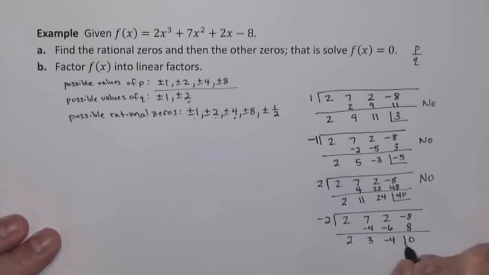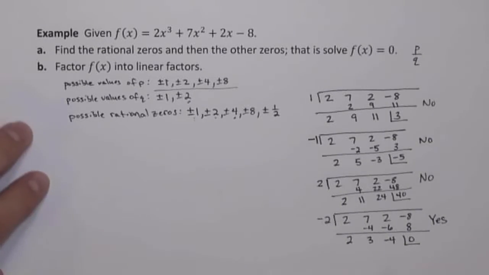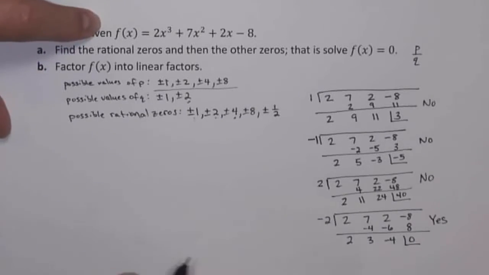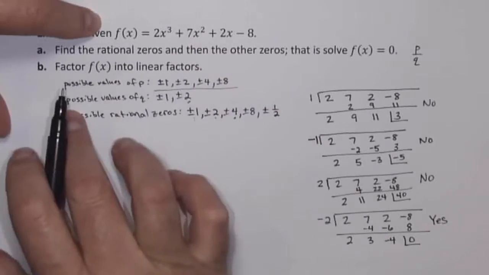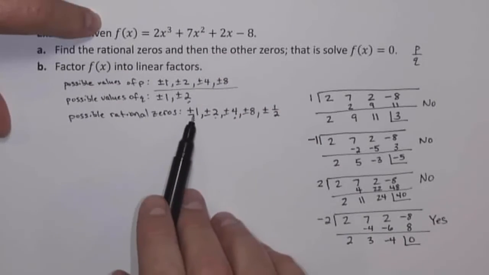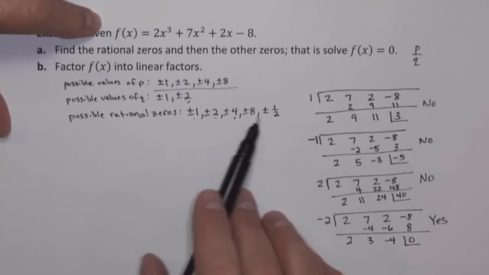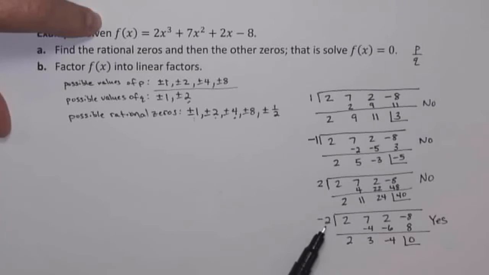Negative 8 plus 8 is 0. So we do get a remainder of 0 in this case. So yes, negative 2 is a 0. Okay? So out of the possibilities, plus or minus 1, plus or minus 2, plus or minus 4, and so on, so far we found that negative 2 is a 0.